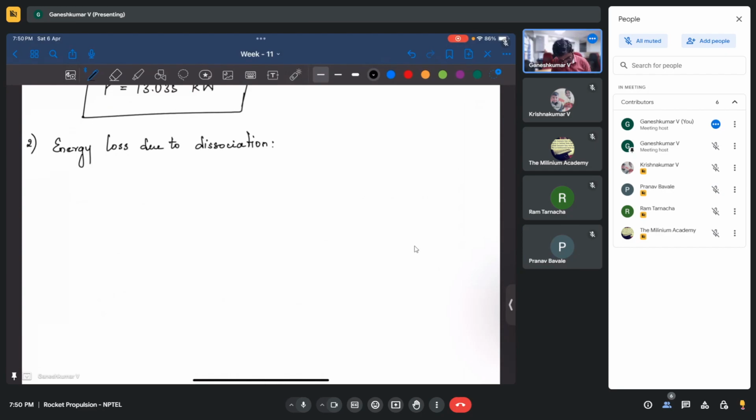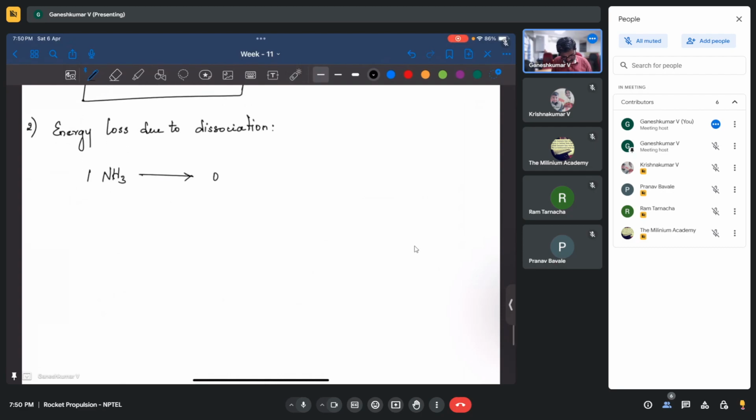So we have 1 mole of NH3 that is going to dissociate and give NH3, H2 and N2. Only 10% of NH3 is dissociating, which means 90% of the ammonia is going to stay.